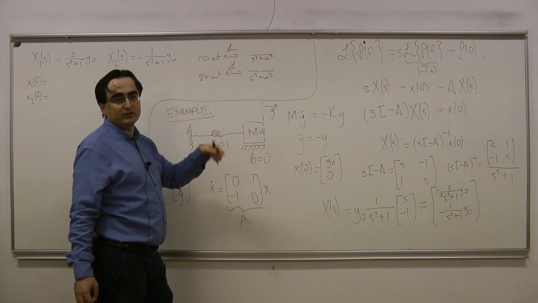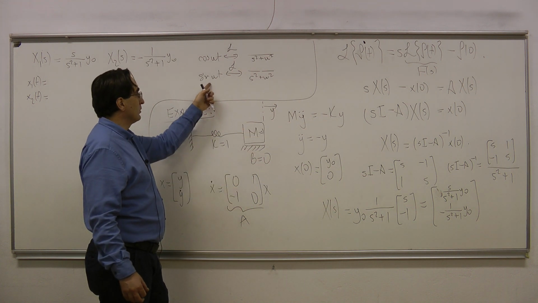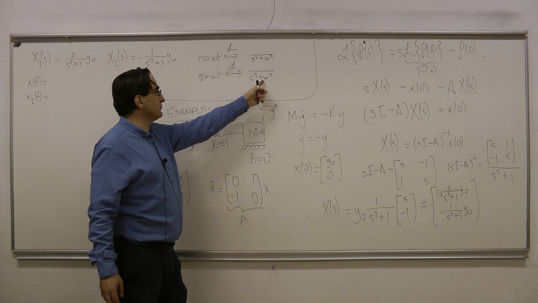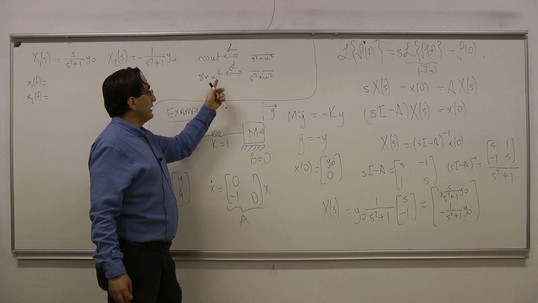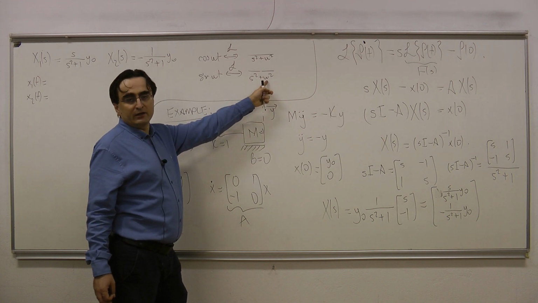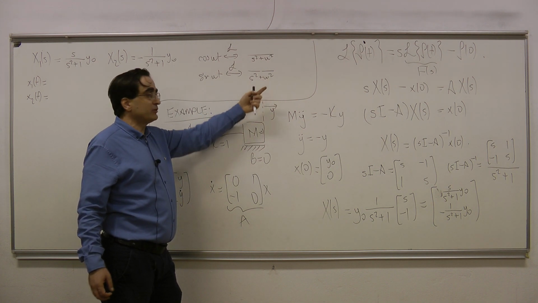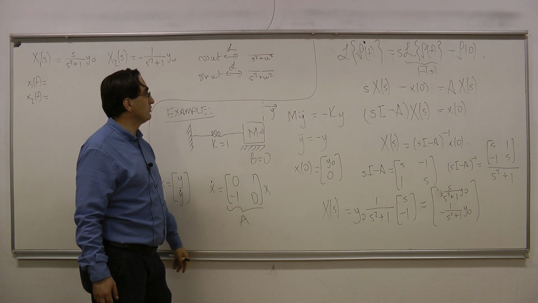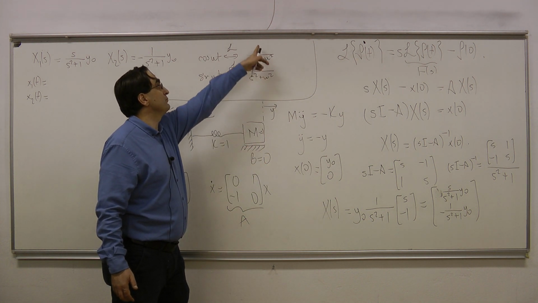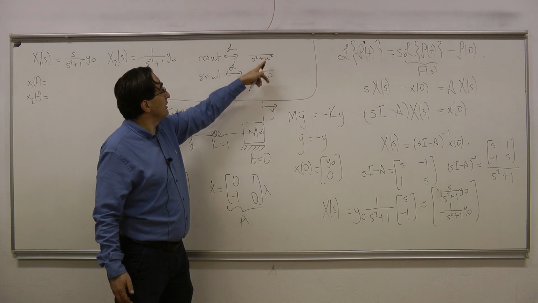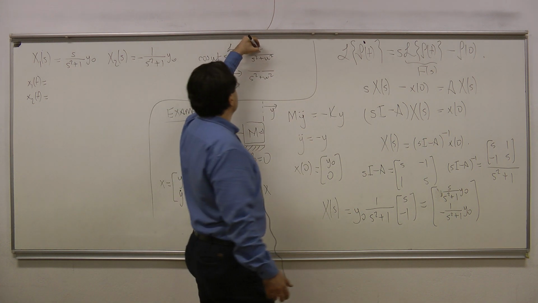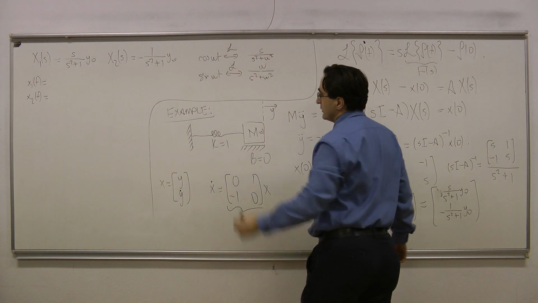Sine of minus omega t is minus sine omega t. Okay? That means that if I substitute minus omega for omega in the Laplace transform, I need to obtain the negative of the Laplace transformation. So which one has s, which one has omega? We see that this one is s and this one is omega.